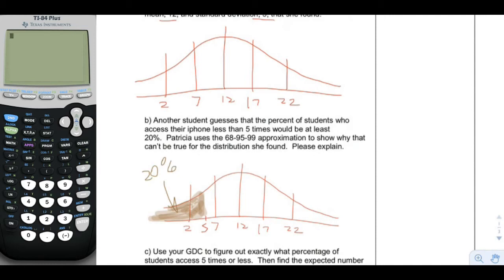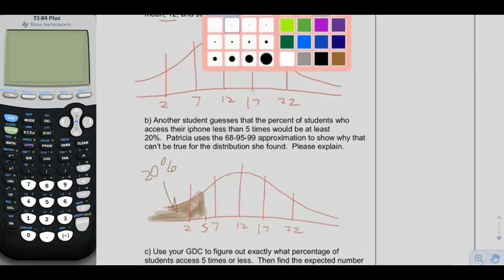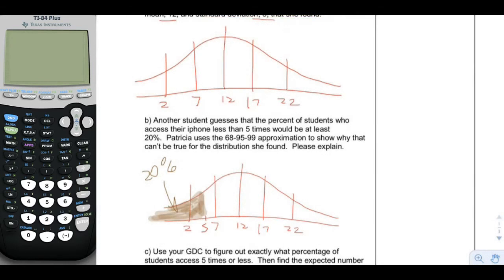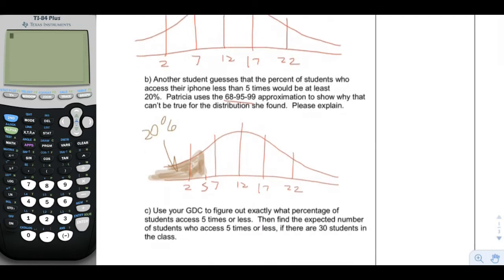But then, if you know some information about the size of these bands with the 68, 95, 99 approximation, then you can actually verify that 20% to some extent, right? And maybe you don't remember what the 68, 95, 99 approximation is, but if you divide 68 by 2, you get 34, and then it starts to ring a bell, right? You know that these two middle regions are 34%.